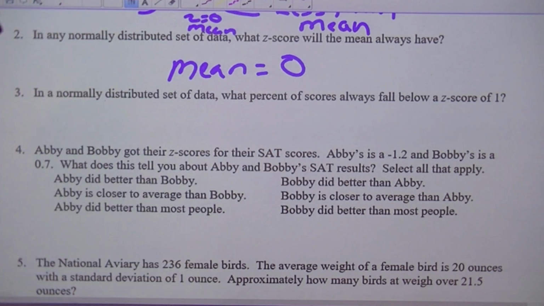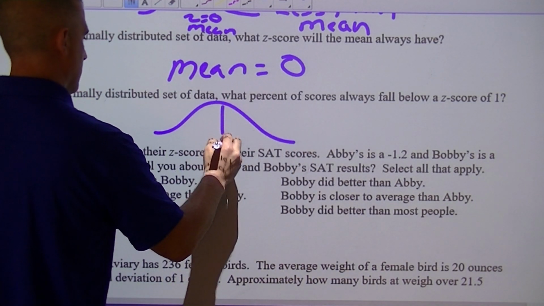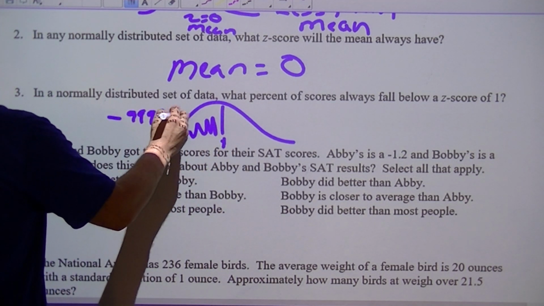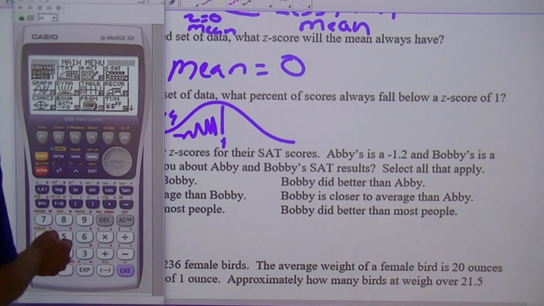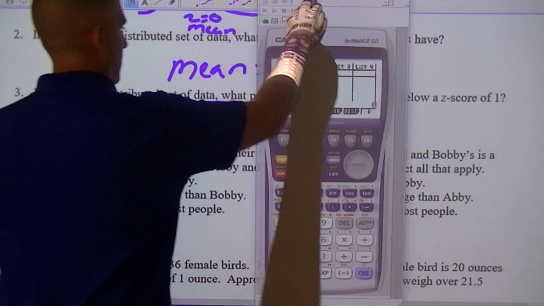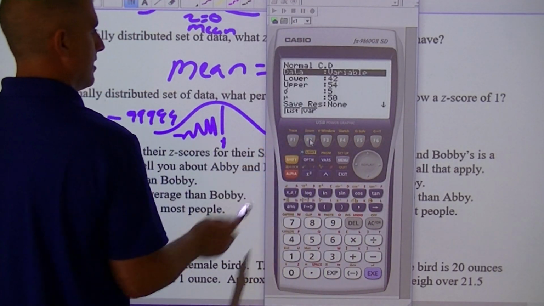What percentage fall below 1? So that would be 1. Below would be this way, so I'd have to use the negative 9s. Okay? So, stat, dist, norm, NCD.